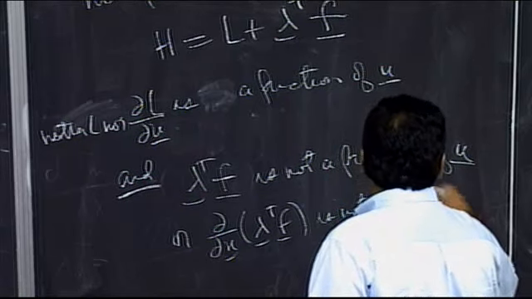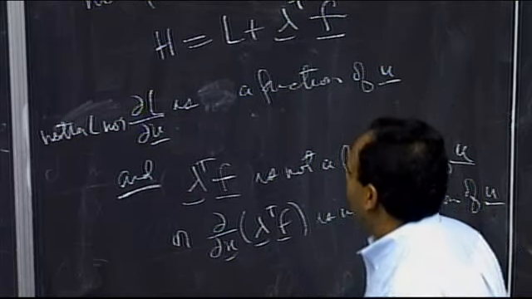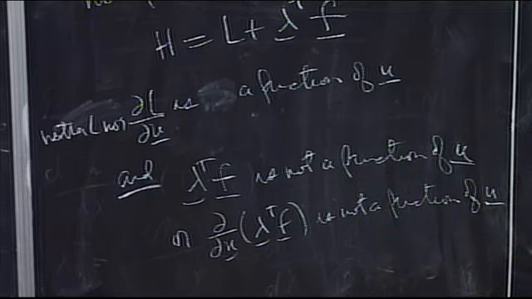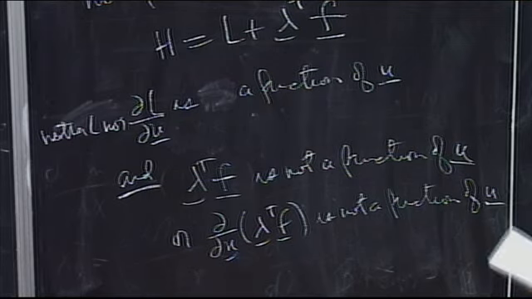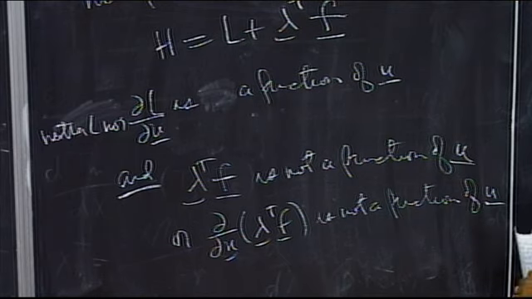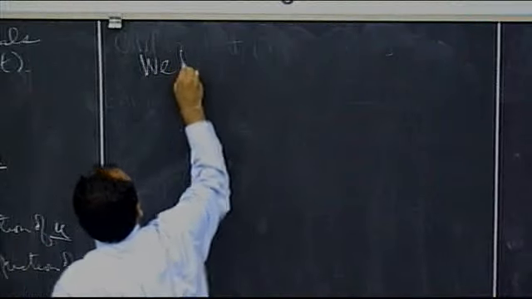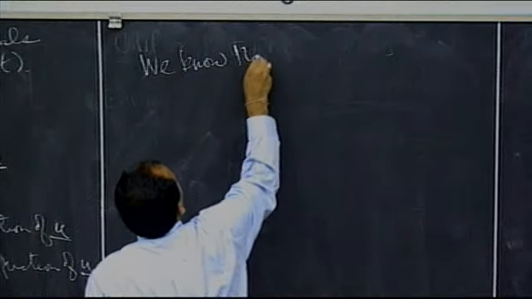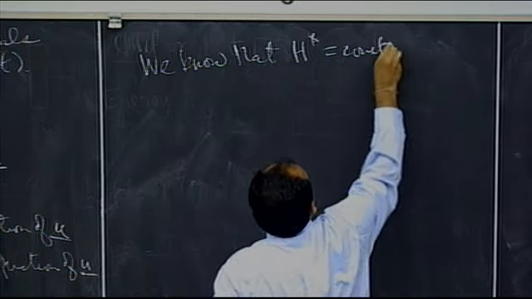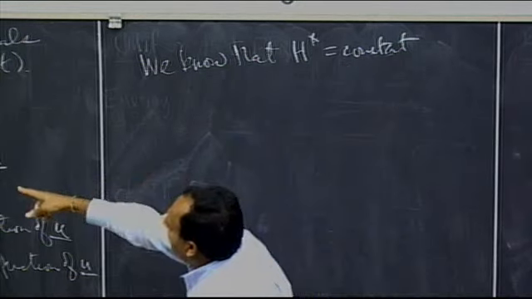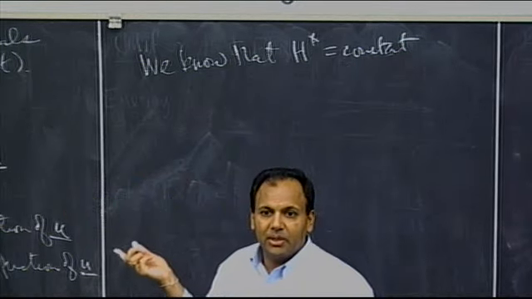Now you say to yourself, when is that possible? Well, it's possible, and there are some really pathological problems, which are actually practical problems, for which this happens. So what we do in that case is, we know that H star is a constant, but on that arc we don't have anything that gives us any information about u.